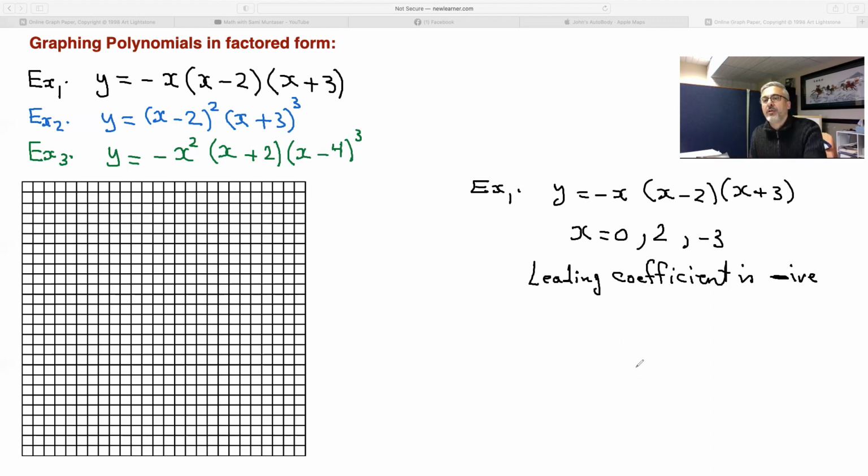And this is the most important thing. If you remember this, you could graph any function. It doesn't matter what the degree is, as long as it's in factored form. You don't have to memorize anything. This is what I'm going to show you.